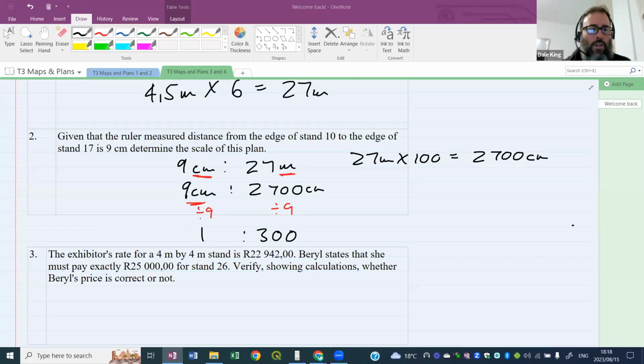Beryl states that she must pay exactly 25,000 for stand 26. Is her price correct? Now, what on earth are we going to do here? She says for stand 26, where is stand 26? Let's have a look at it.